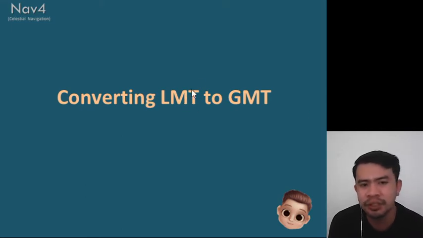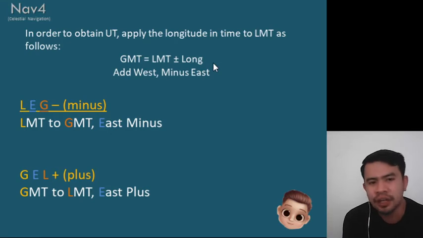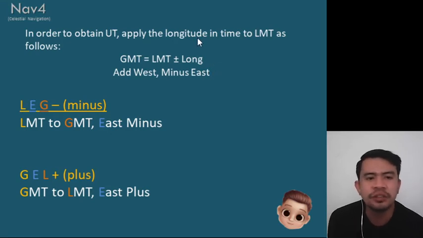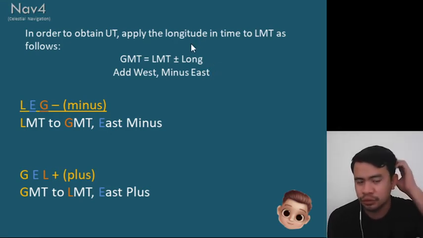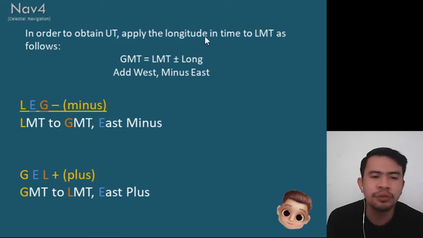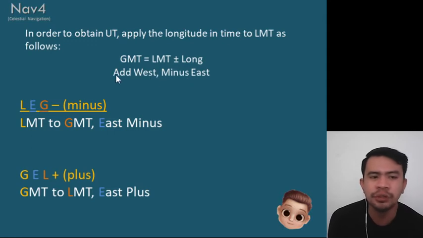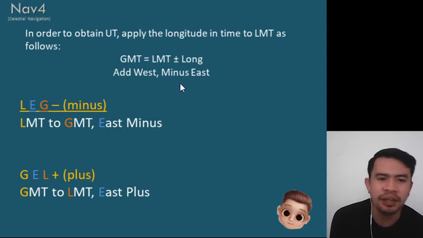To obtain the universal time, apply the longitude in time to LMT. The formula in our module is GMT equals LMT plus or minus the longitude. We add if it is west, and subtract if it is east.